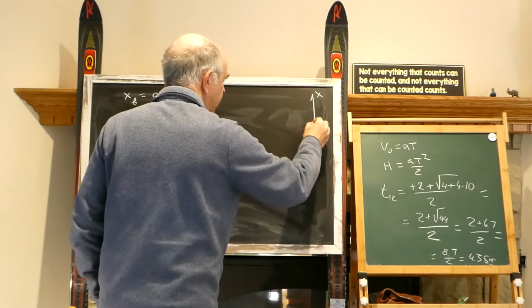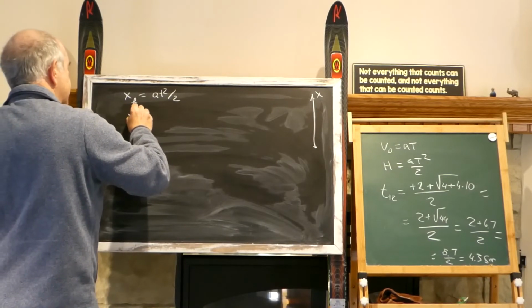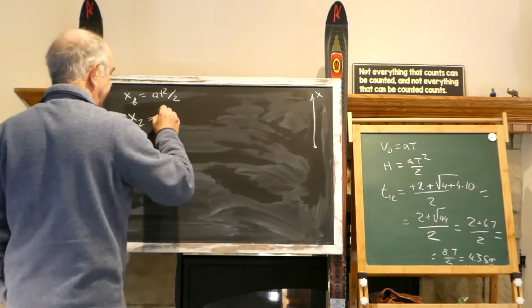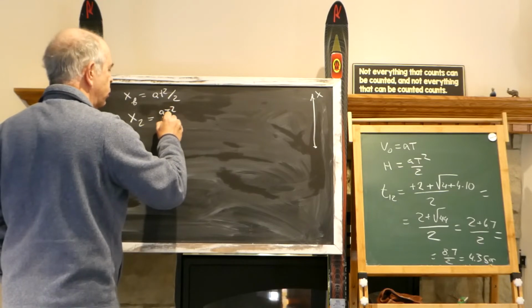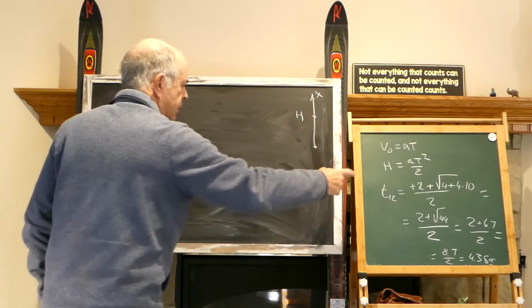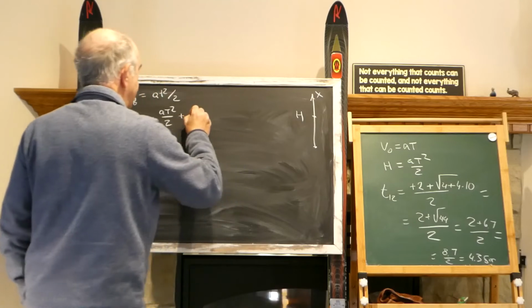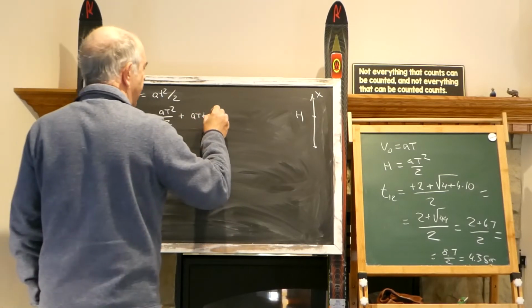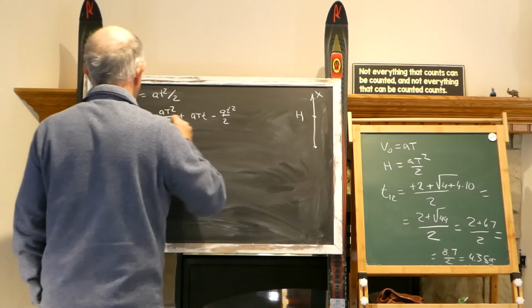From the beginning it will go up with this acceleration. And the body, let's put it x2. I wrote this formula, and I can write it again: a T squared over 2, its initial height h, plus v0, which is a T, times t, minus g t squared over 2.